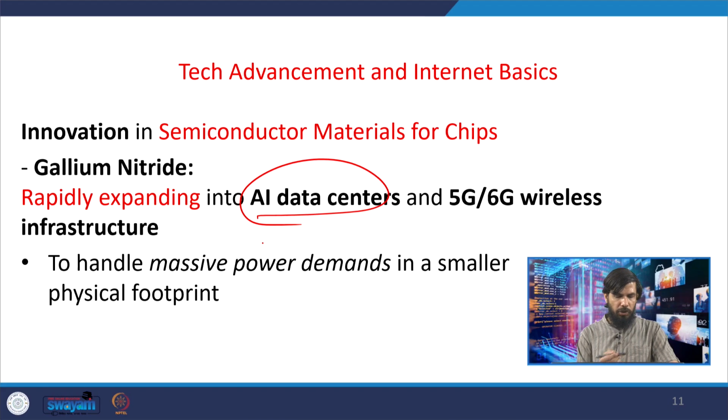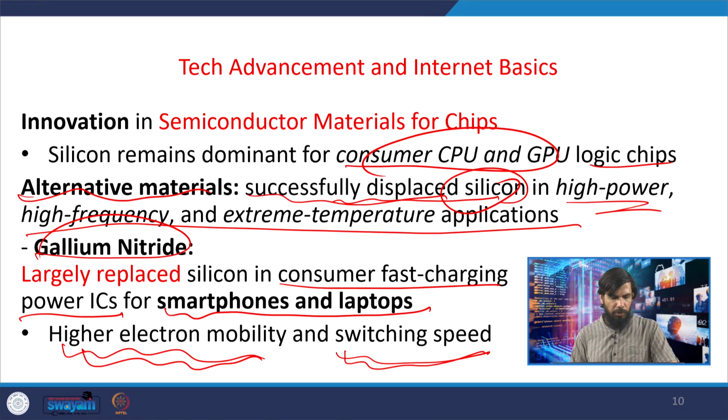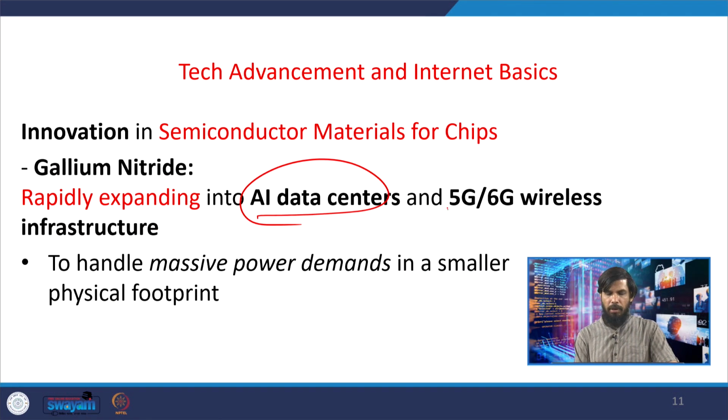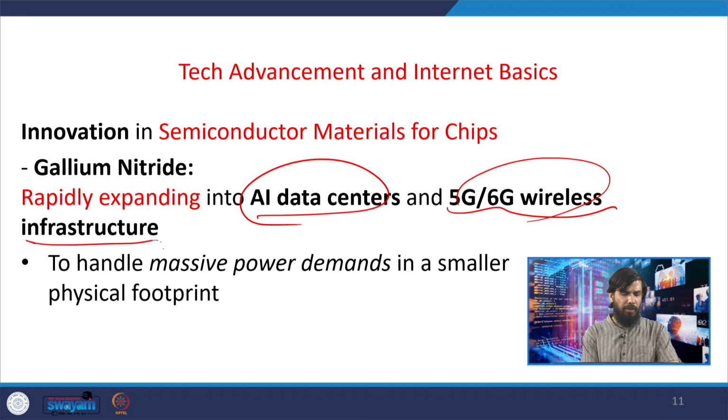All the chips made using these materials are replacing silicon. Also in 5G and 6G wireless infrastructure, because the speed would be much higher, the same scenario will happen. There too, it is gallium nitride that is rapidly expanding.